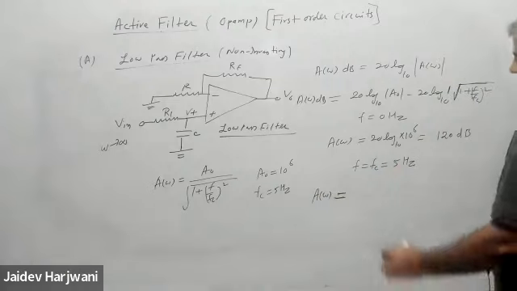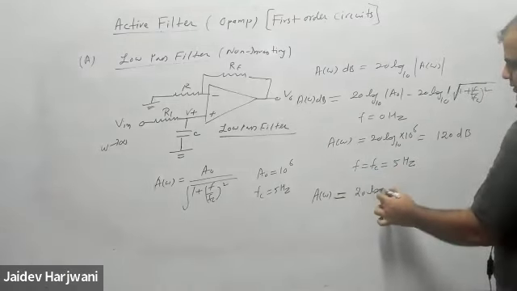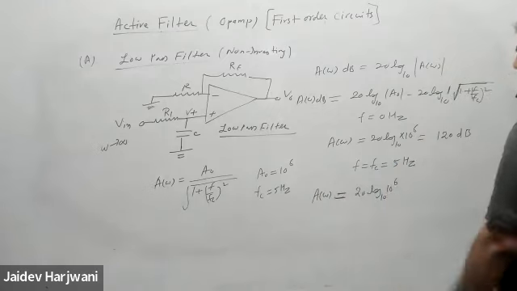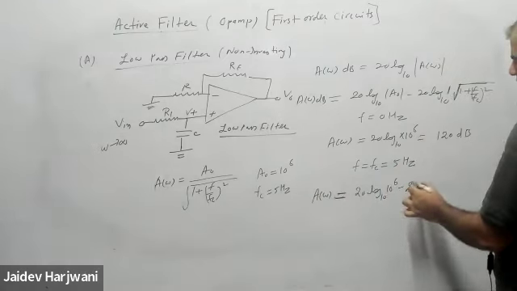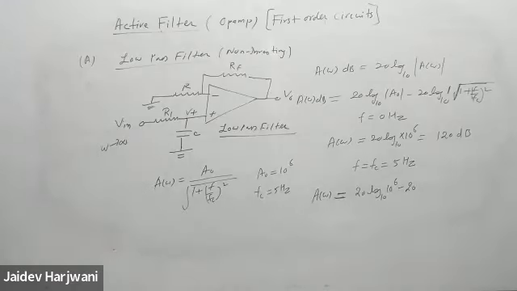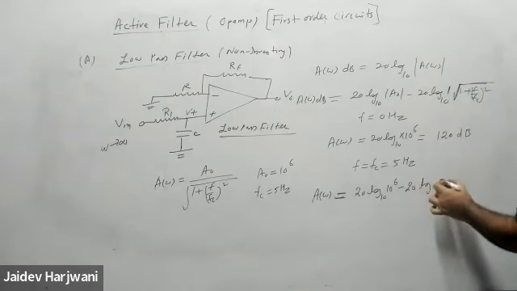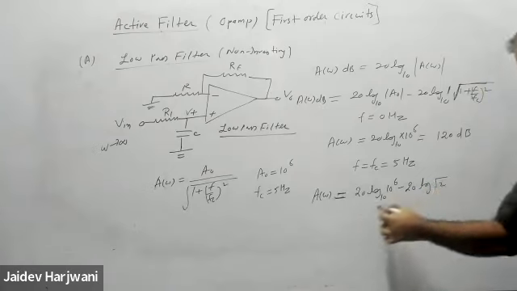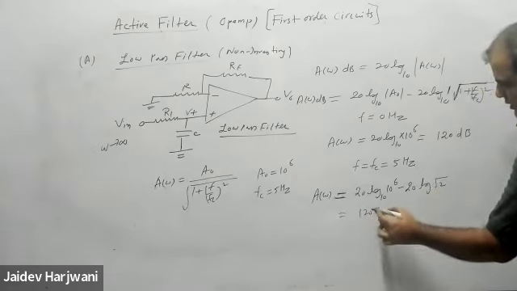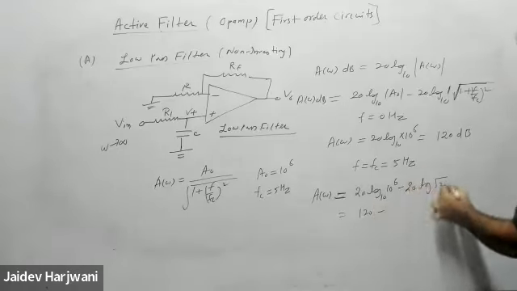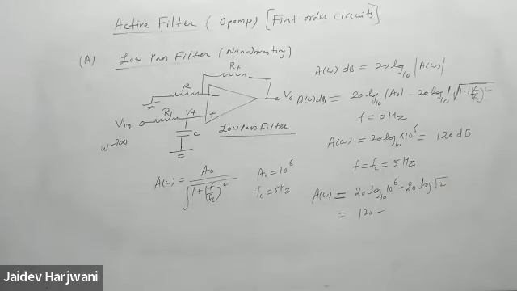It will be 20 log 10 raised to power 6 minus 20 log 10 of root 2, since f over fc becomes 1 and this becomes root 2. This is 120 dB. And what is the value of this one? Tell me.